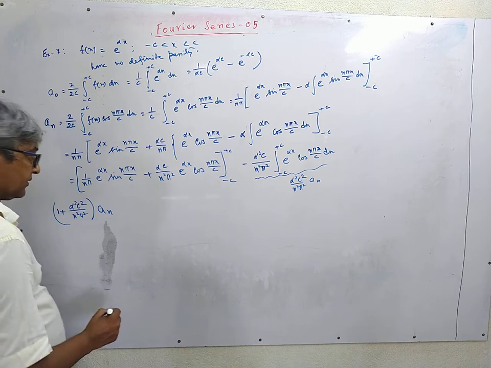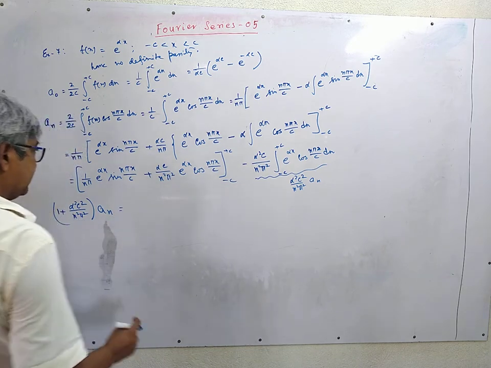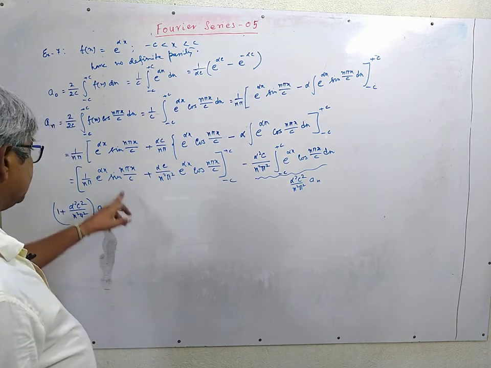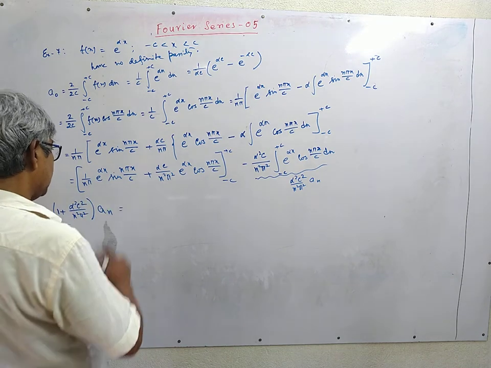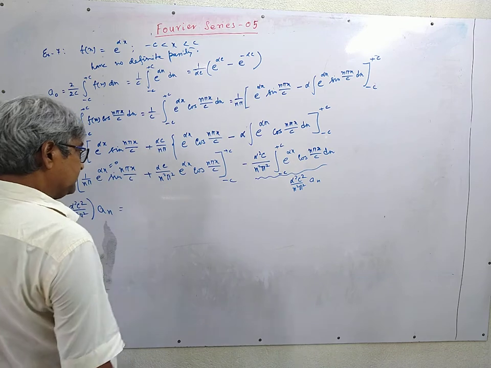an on the left, and on the right hand side if we put the value, this is either sine of n pi or sine of minus n pi, so it doesn't contribute, so this goes.